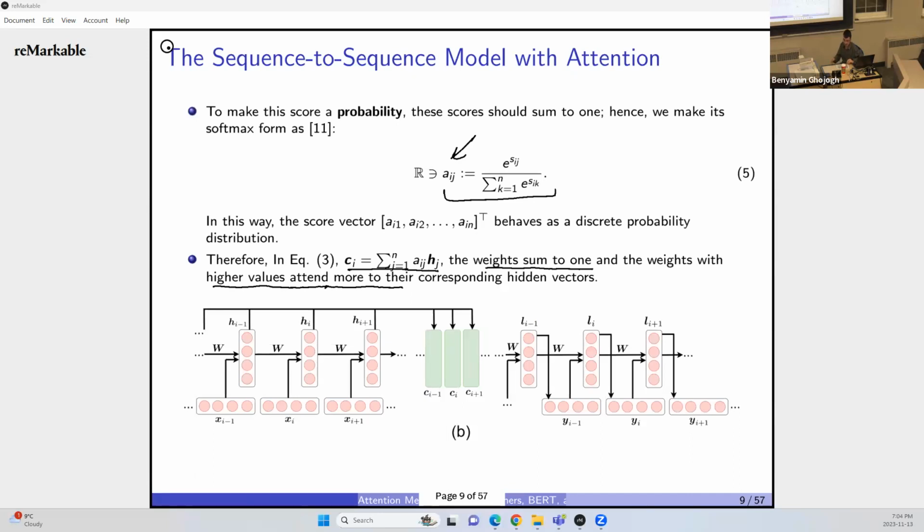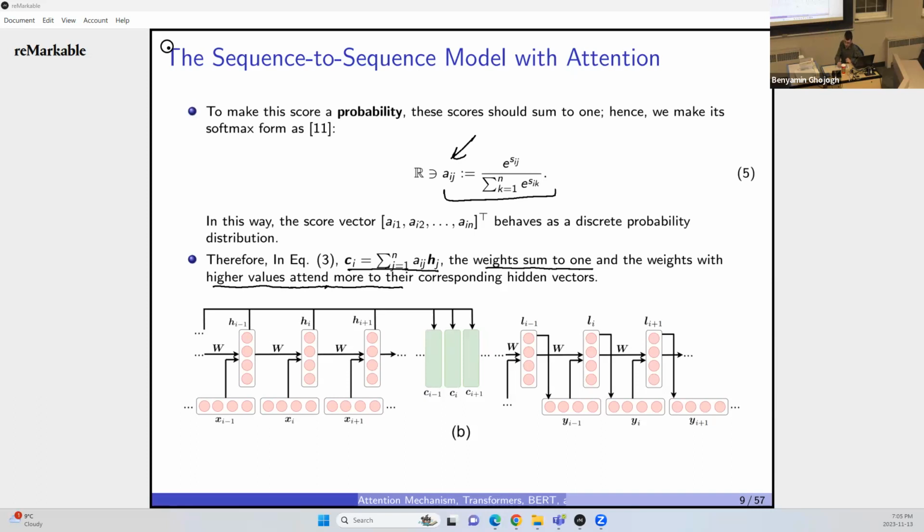And then I said the similarity scores that we calculated are not between 0 and 1, so they are not like probability. Let's make them behave like probability, like a Gaussian probability. For that, we can use the softmax form, where they will add to 1, and they will be between 0 and 1, and they will be like a Gaussian distribution.